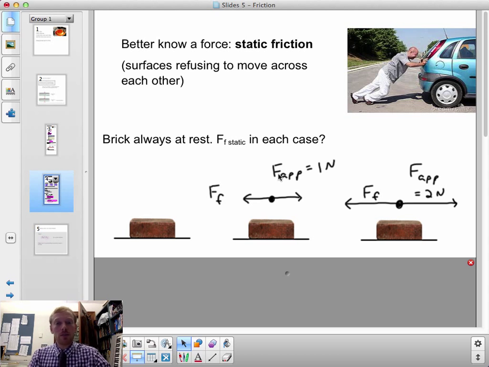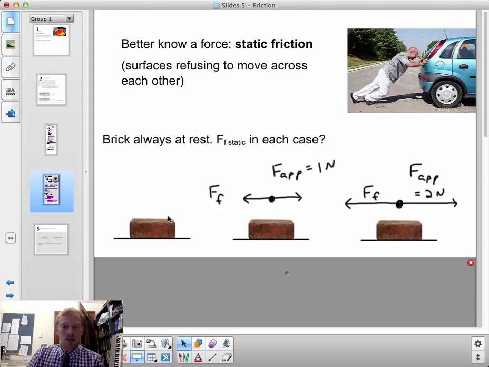Why is that? Well, it's because there's a friction force opposing my applied force, the friction force to the left. And this is not a kinetic friction force because I've specified that I haven't yet pressed hard enough to get the block going. You could imagine that maybe I'd even press harder on the block with a 2 Newton applied force to the right, but that still might not be enough to overcome the friction force and get the brick moving.